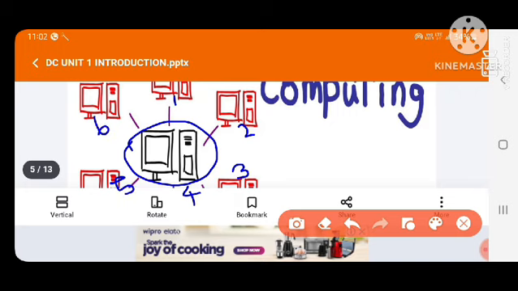So only one server is connected here. So one server can communicate with all other 6 systems and do a work, complete their work. So they only communicate their actions using passing messages. So this is distributed computing.